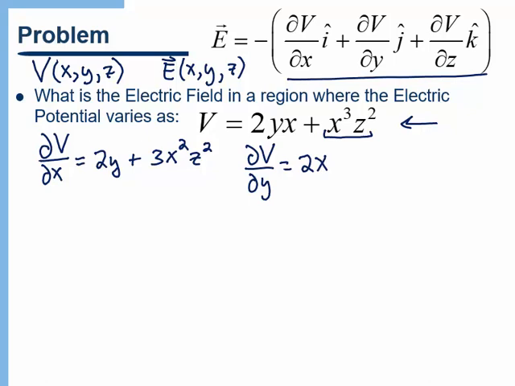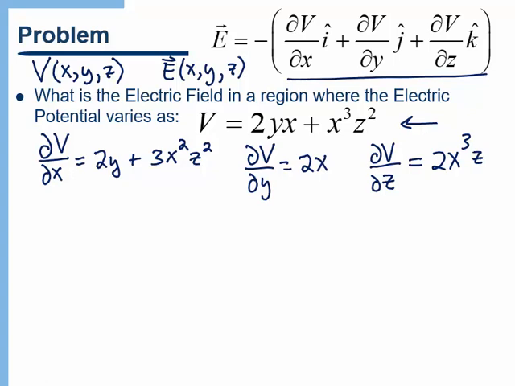Well, the derivative of a constant is 0, so that's all we've got for dV/dy. dV/dz, notice that the first term does not have a z in it, so it's just a constant. Derivative of a constant is 0. And then the second term, derivative of z squared would be 2z, so 2x cubed z. And those would be our 3 derivatives.